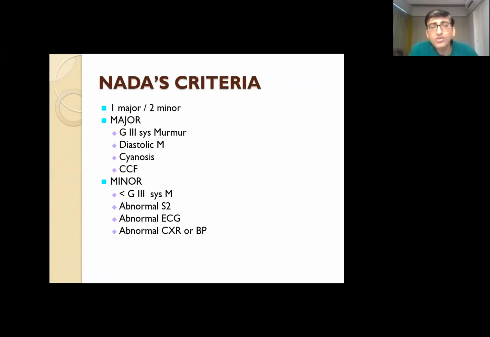Major criteria include grade 3 or more systolic murmur, any degree of diastolic murmur, cyanosis, and clinical features of congestive heart failure. Minor criteria include less than grade 3 systolic murmur, abnormal second heart sound, abnormal ECG, abnormal chest X-ray or blood pressure. When these NADAS criteria are fulfilled, one should always rule out heart disease.